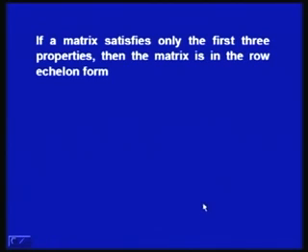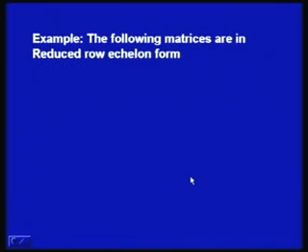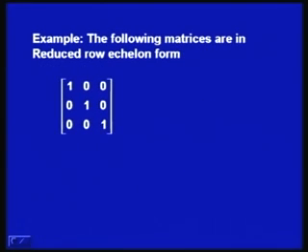Now, many times a matrix satisfies only the first 3 properties, and then the matrix is not in the reduced row echelon form. I will explain this with examples. Like this matrix, a 3 by 3 matrix is in reduced row echelon form, as it satisfies all the properties, the staircase pattern.